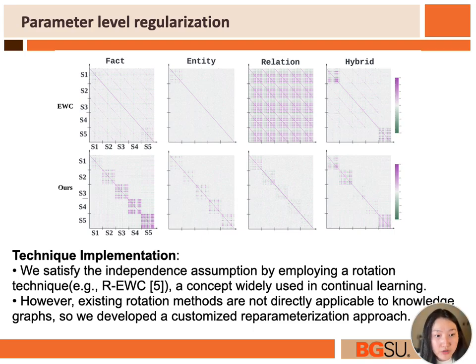In our approach, we satisfy the independence assumption by employing a rotation technique like R-EWC. This is a concept widely used in continual learning. However, existing rotation methods are not directly applicable to knowledge graphs, so we developed a customized reparameterization approach.